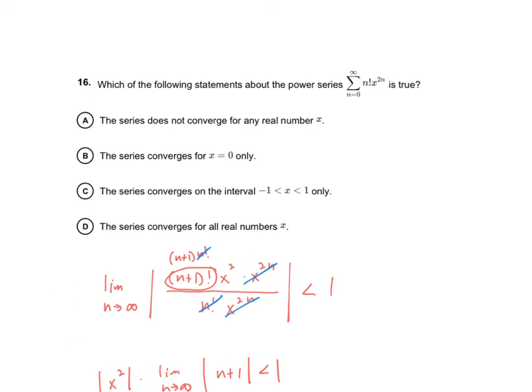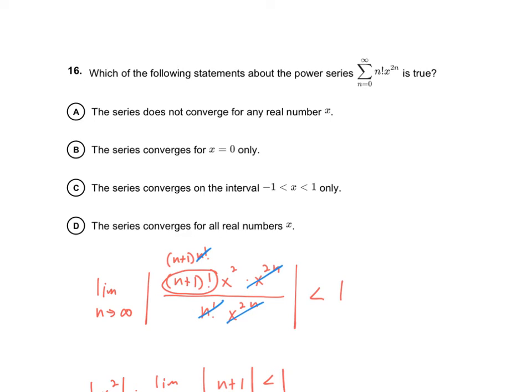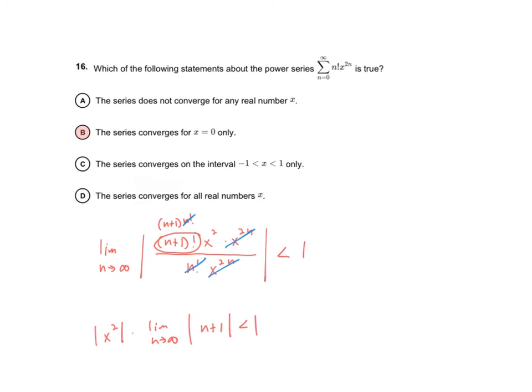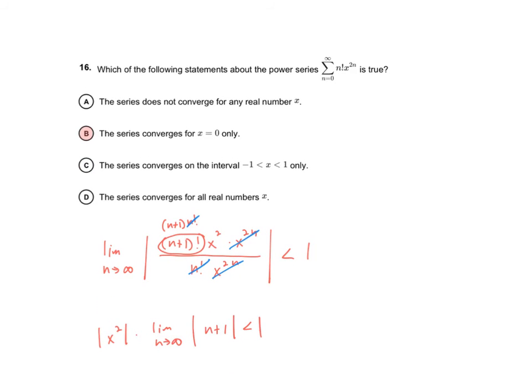So this series only converges when x is 0. Basically every series has to converge at least when x is 0, or if you had x minus c to the 2n, when x is c, that'll converge also.